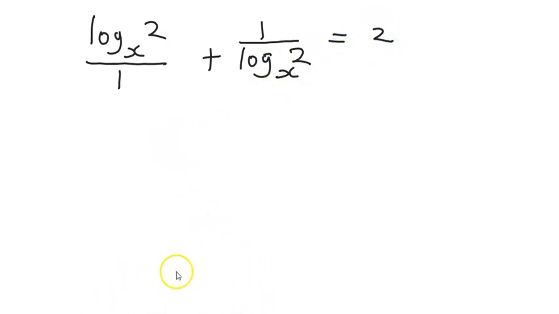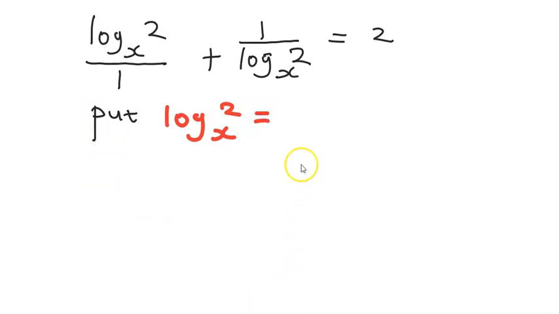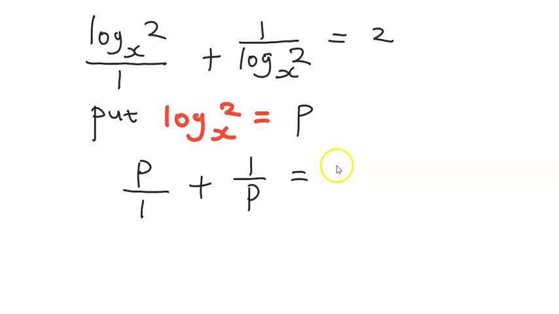So what do I do from this stage? Remember that you have log 2 base x here. So I am going to put log 2 base x equal to p. Anywhere I see log 2 base x, I will represent it with p. So this will be p over 1 plus 1 over p, everything equal to 2. Then here I would like to use the butterfly method, to multiply here.